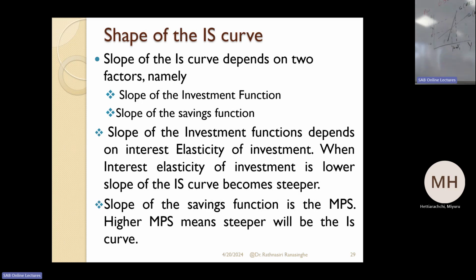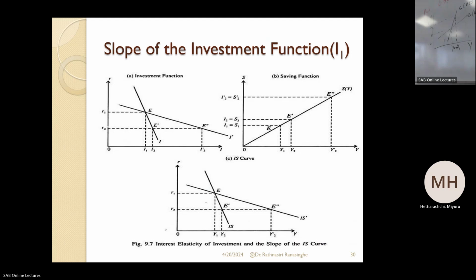So that goes to the slope of the IS curve on the other side. If we have a high MPS, we have a steeper IS curve. If we have a steeper savings curve, that gives a steeper IS curve. In the graph, this is investment and savings, and this is the IS curve.